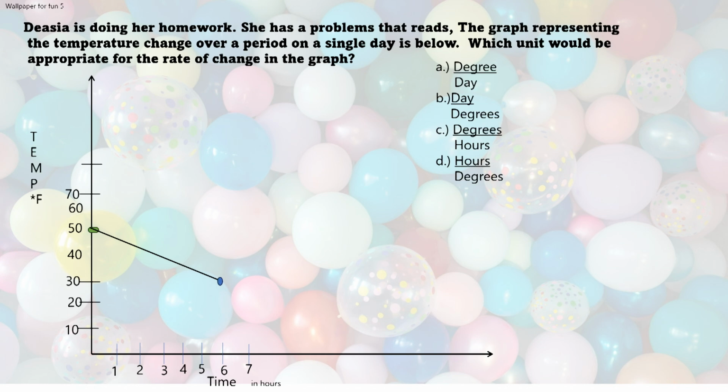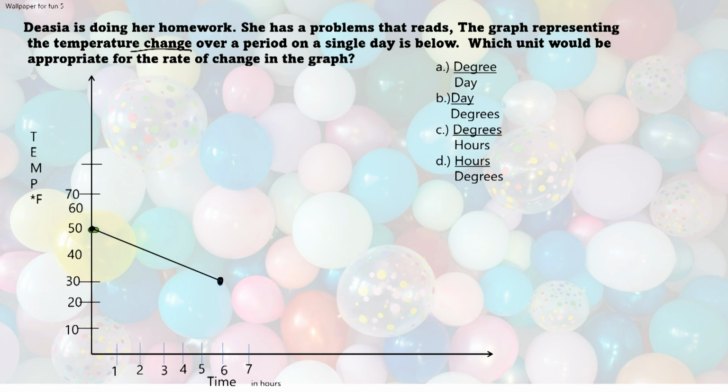So we're starting at this point right here, which is at 0:50, and we're going to this point down here, which would be at 6:30. So our line looks like it's decreasing, and when we look at, what did it call it? This temperature change over a period. So what would be the appropriate rate of change?